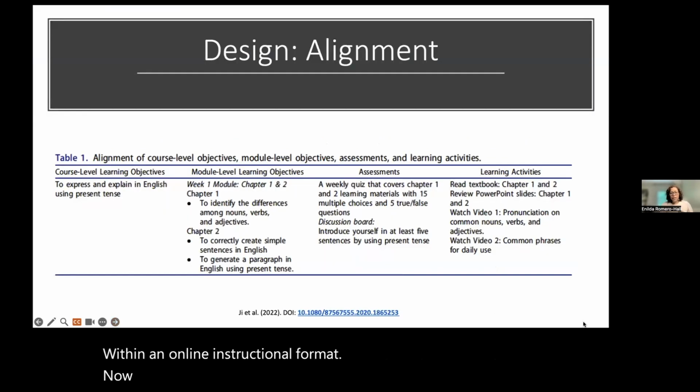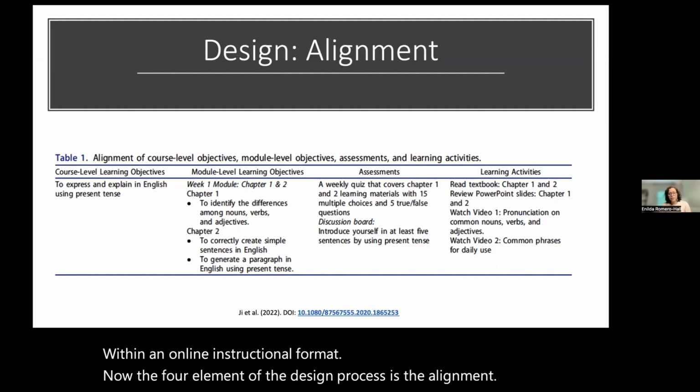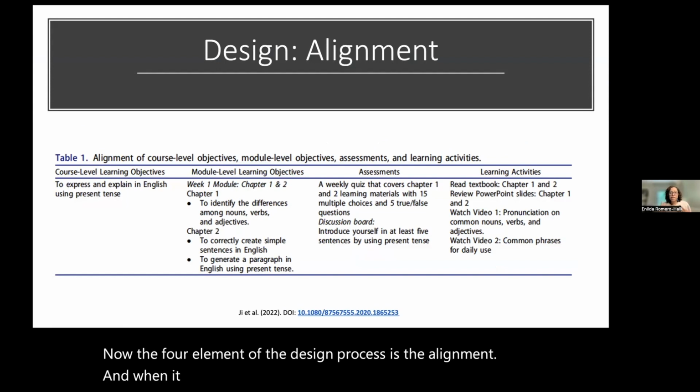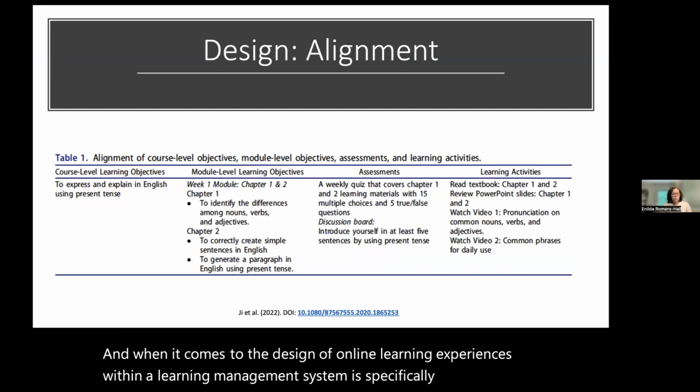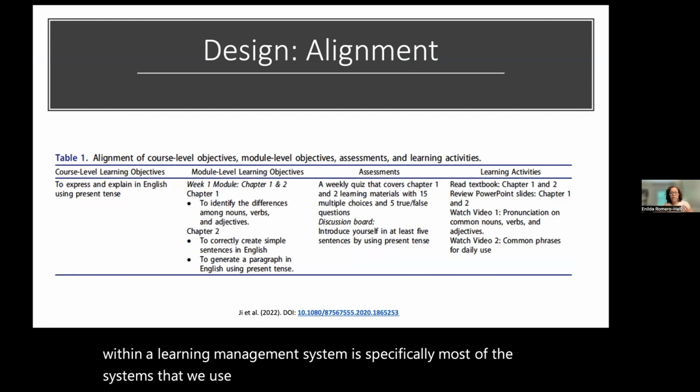Now, the fourth element of the design process is the alignment. And when it comes to the design of online learning experiences within a learning management system specifically, most of the systems that we use function in a module format, right?